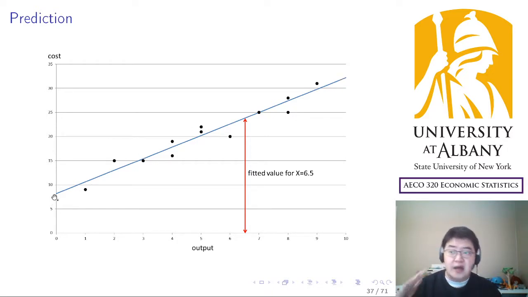The blue line, the regression line, the trend line, is the expected predicted output for each value of X. That's the definition, and that's how we set up the model.